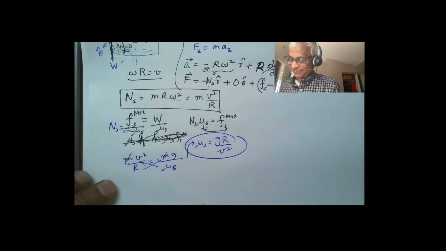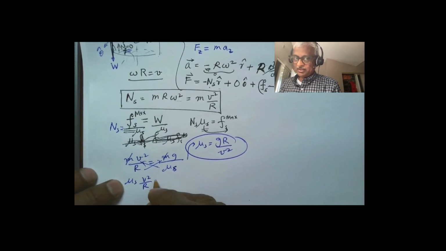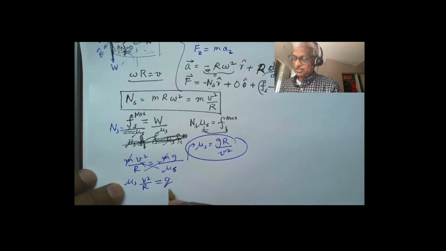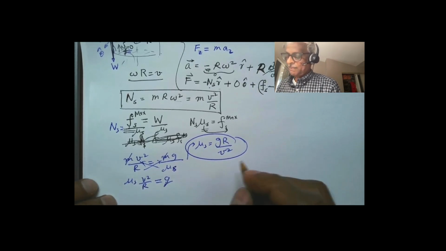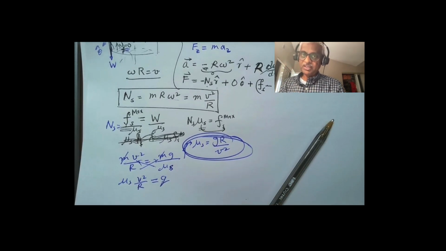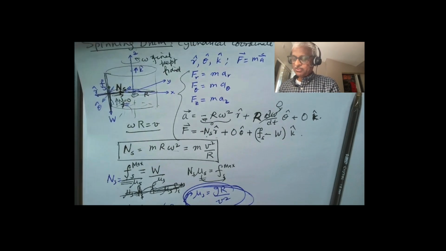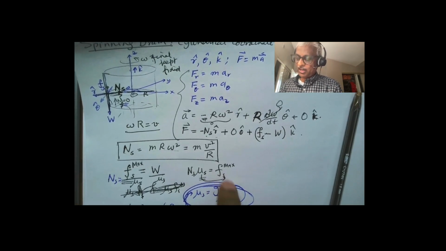Let me make sure I got this right. So mu s v square over r equals g, and then g r over v square. Sometimes people ask what kind of mu s you will need for the system to be stable. You want to provide enough static friction so that you don't have to use the maximum. You can go up to that, right?